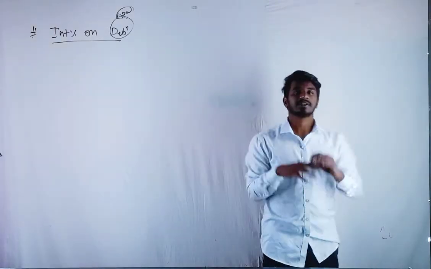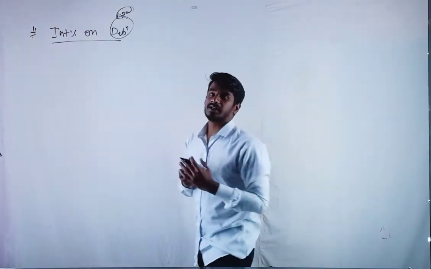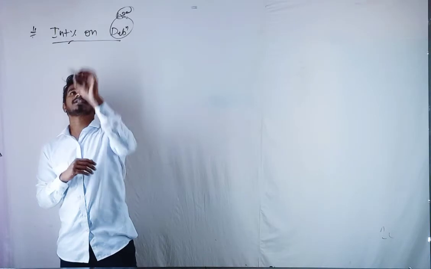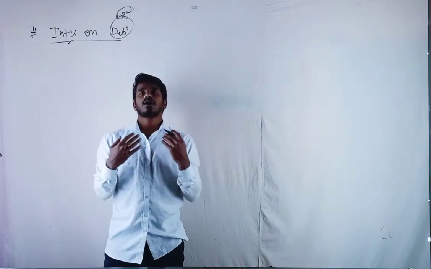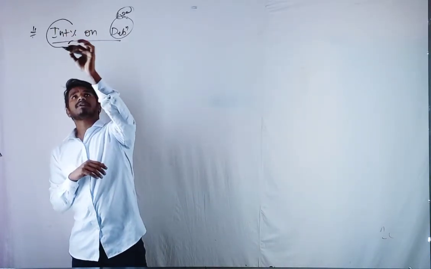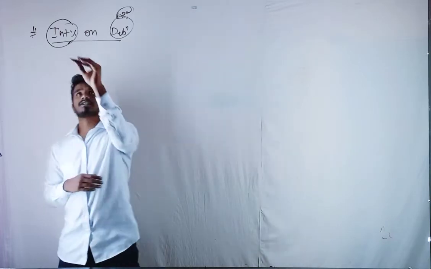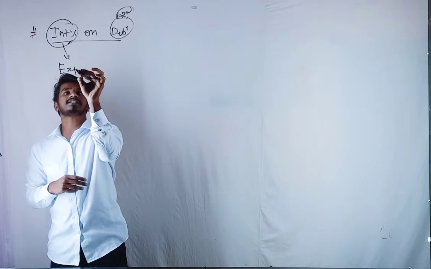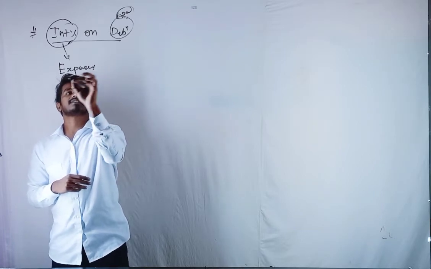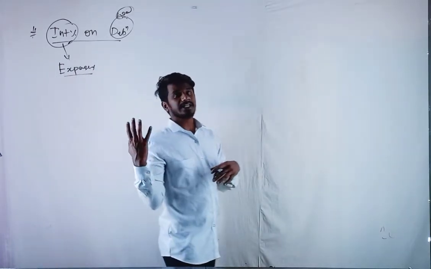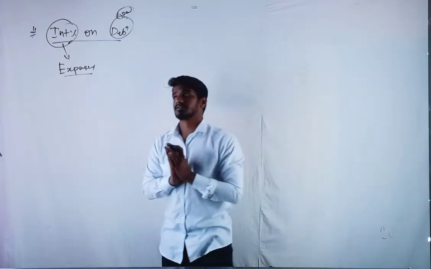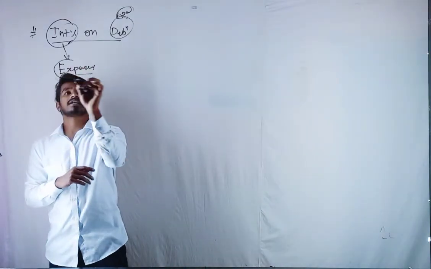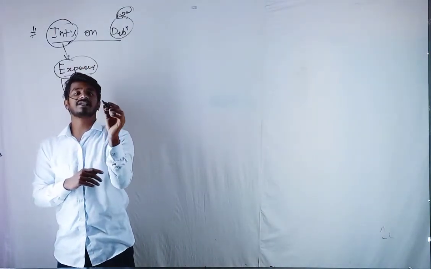Obviously we should pay the interest. That is interest on debenture. What will this interest become to us? It is our expense. If we pay interest, it will be our expense. Obviously it also creates a liability.